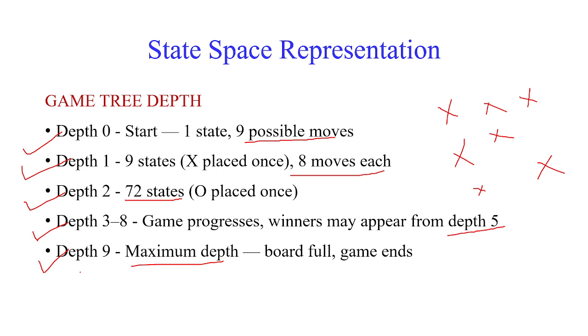So this tree structure is exactly what a min-max algorithm traverses. It evaluates every possible future game state to find the optimal move. Understanding this is a foundation of what we're going to discuss next.